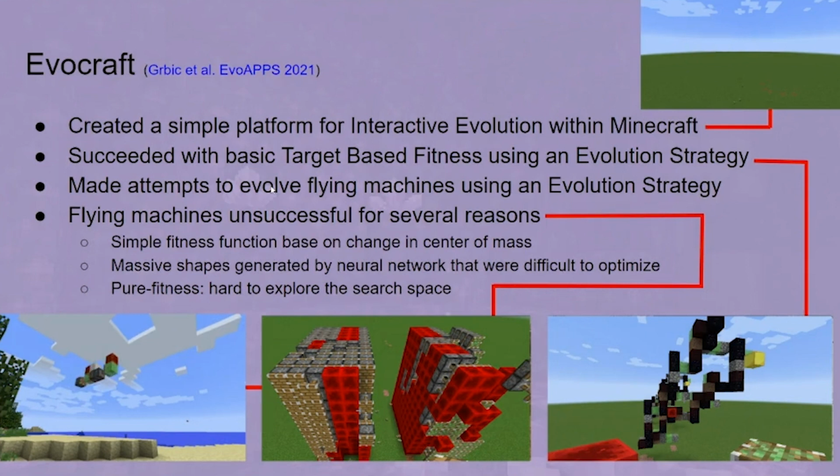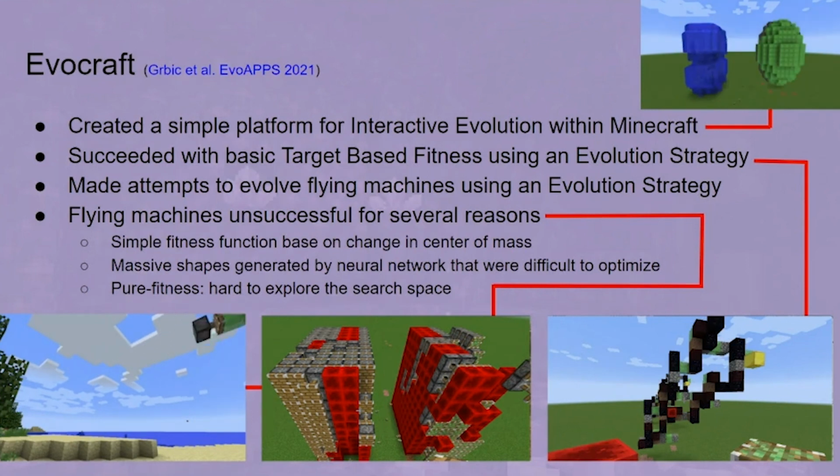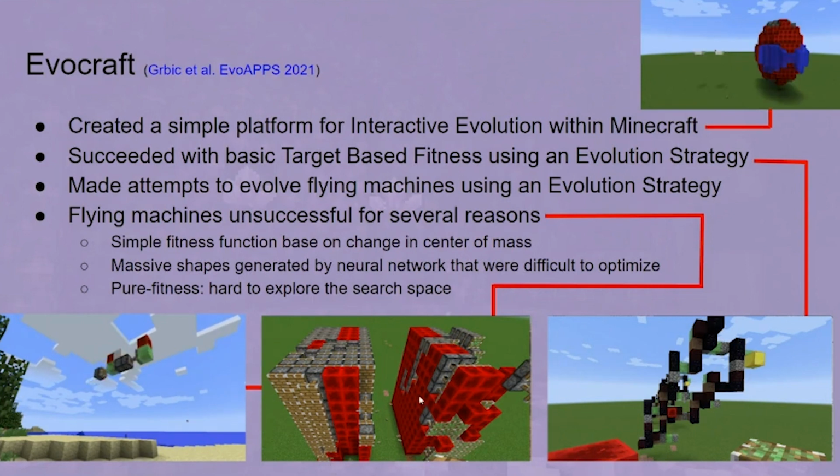And as I mentioned previously, they attempted to create flying machines but were unsuccessful for several reasons. They used a fairly simple fitness function, which was based on the change in center of mass. But they were trying to generate massive shapes with neural networks, as we can see here, these two very large machines. They were very difficult to optimize, and they were also using a pure fitness approach, which makes it really hard to explore the search space.